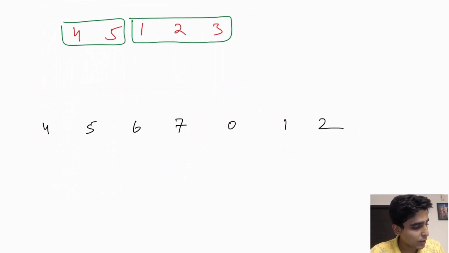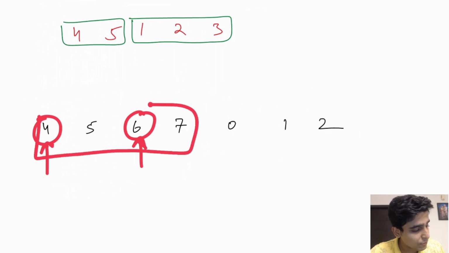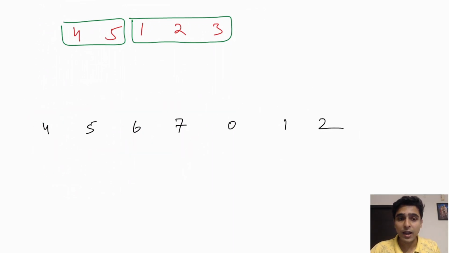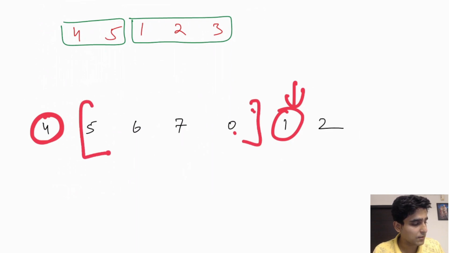For example, if the first value is less than the mid value, it means the mid lies in the first part. In that way we can do the binary search. So let's say this is our mid element and the first value is 4, so 4 is greater, so we know that the pivot will lie here.